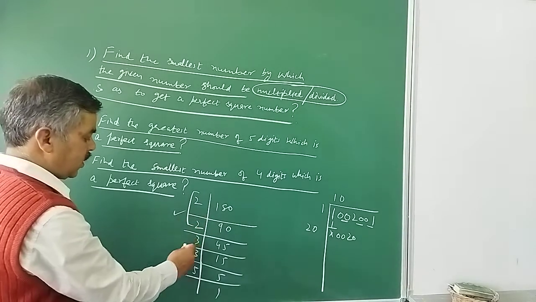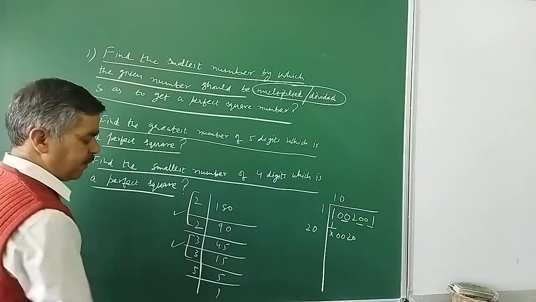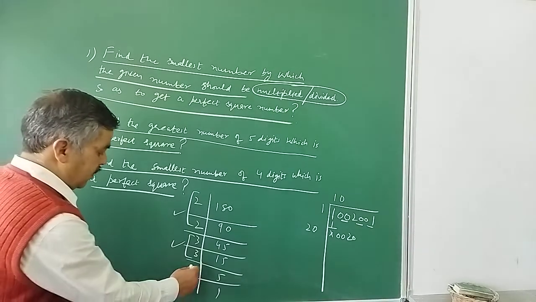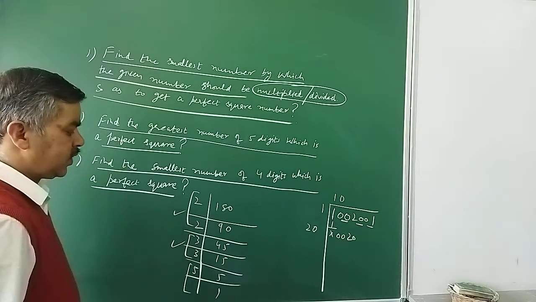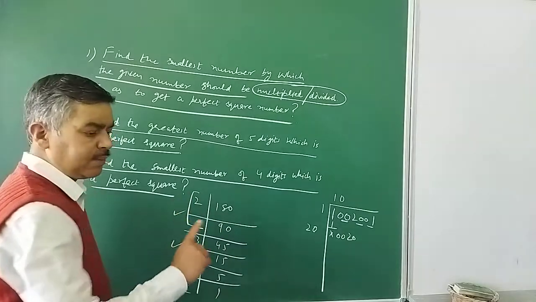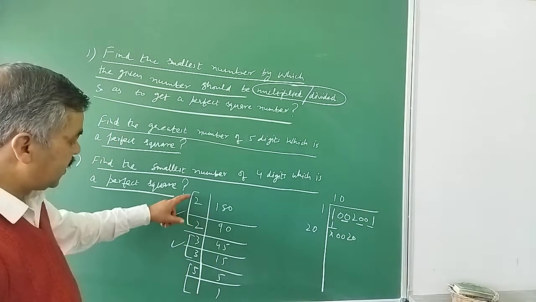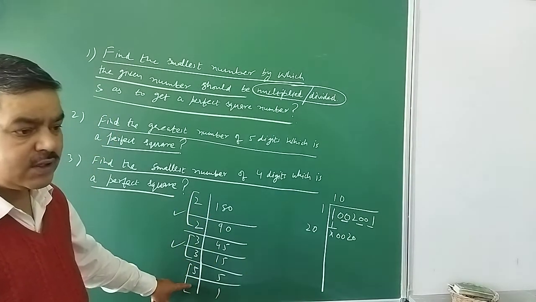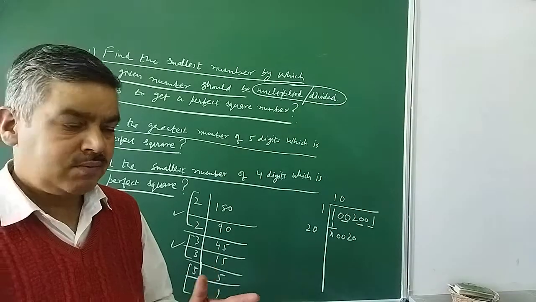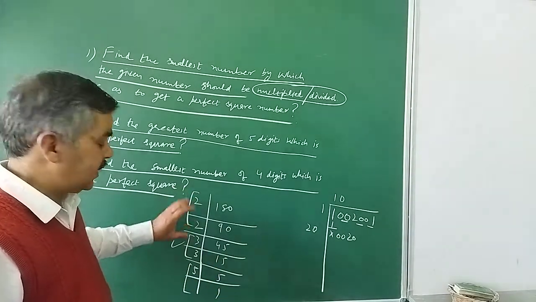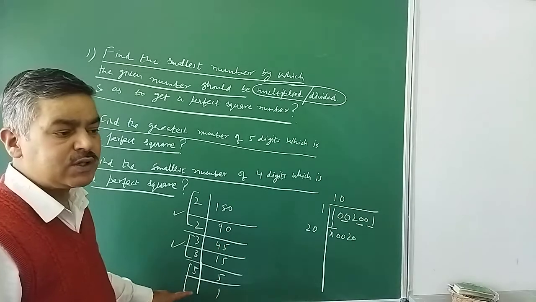Then 3 threes are 9, again a perfect square. But 5 I am finding alone there. So 180 is not a perfect square, because I am not getting the resulting factors completely in pairs.